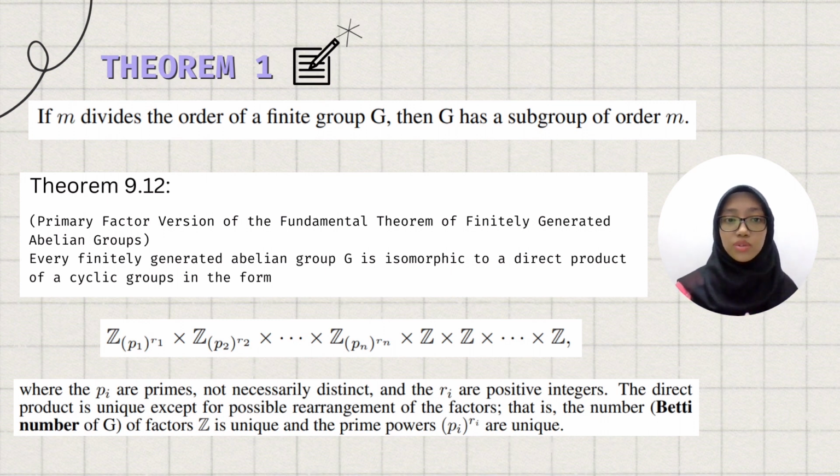The direct product is unique except for possible rearrangement of the factors, that is, the Betti number of G, the number of factors, is unique and the prime powers pi to the power of ri are unique.